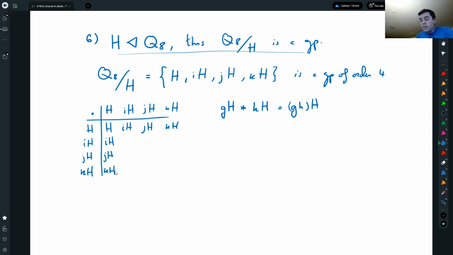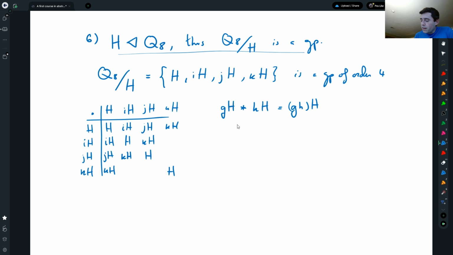And now i times i is minus 1, so I get H. j times j is also minus 1, so I get H's in the diagonal elements. i times j is k. But j times i is not k, it's minus k, but kH and minus kH do give me the same coset, so I do get this.